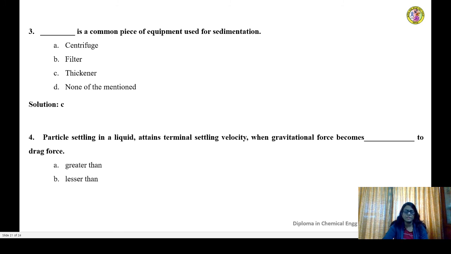So the options are greater than, or lesser than, or equal to, or none of the above options. So as per our understanding of the terminal settling velocity, it is the equal to option that is the right answer for this question. So option C is the right choice to answer this particular question.